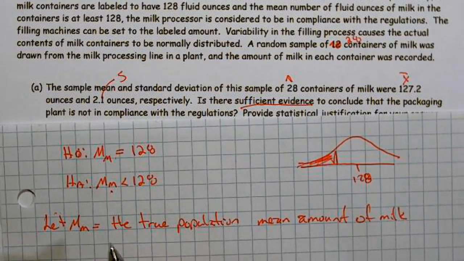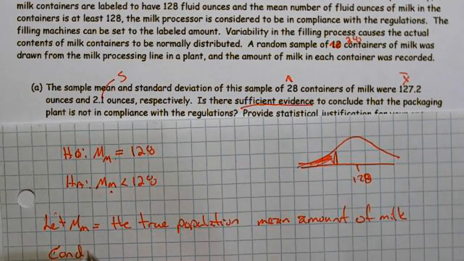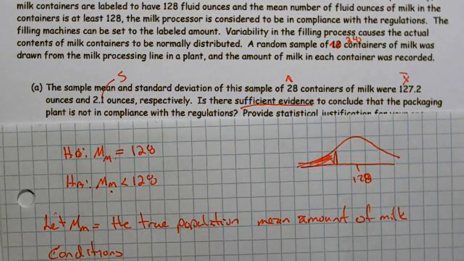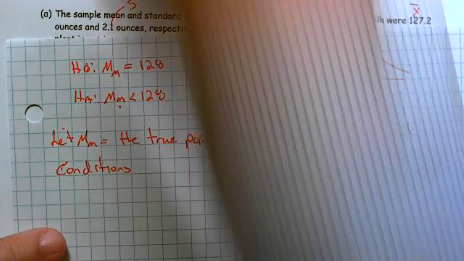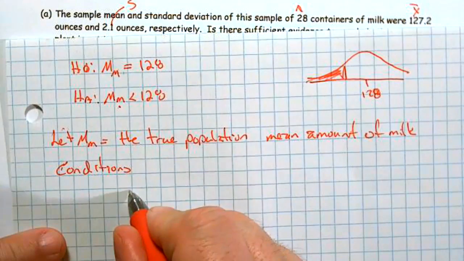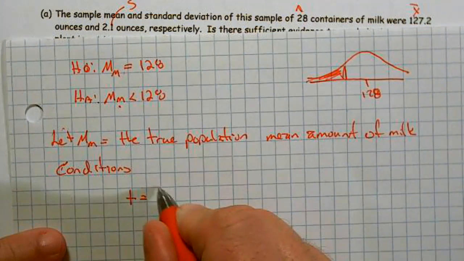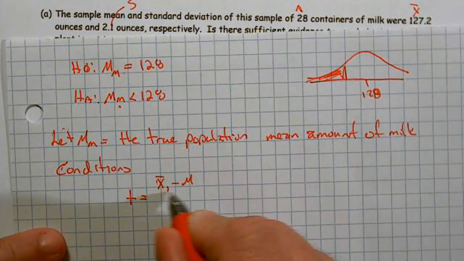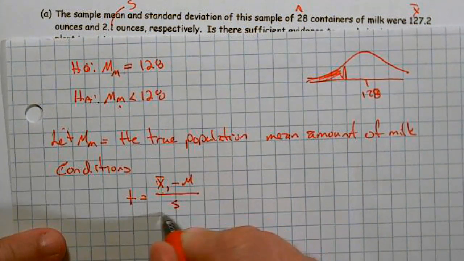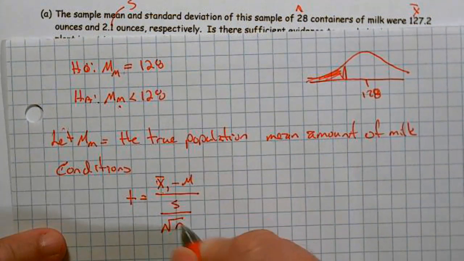Okay. Conditions. As always, we claim that they are met. And we need to determine the type of test, and we're going to run a t-test, and it's going to be a hypothesis test. So T equals X bar minus mu over S divided by square root of N.